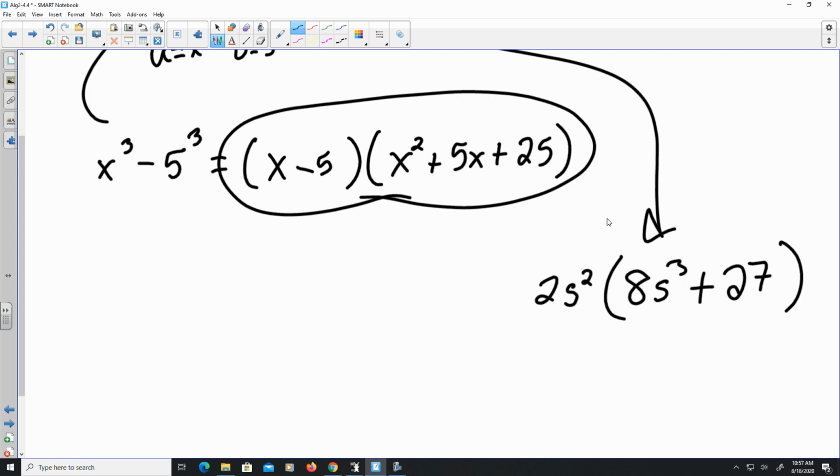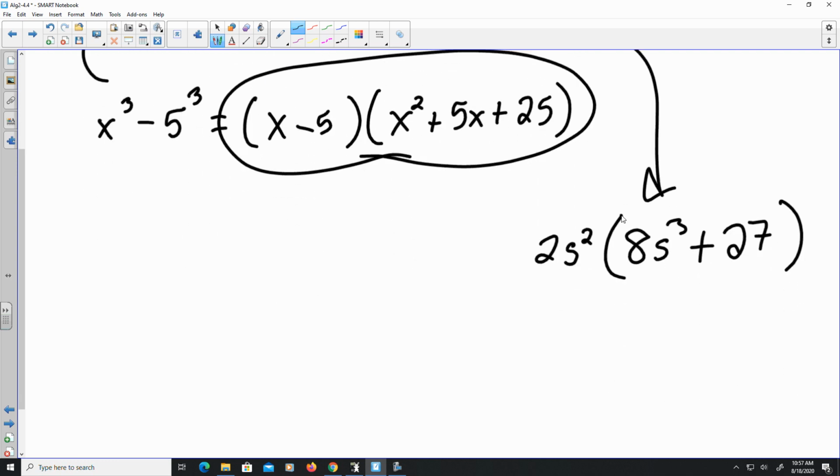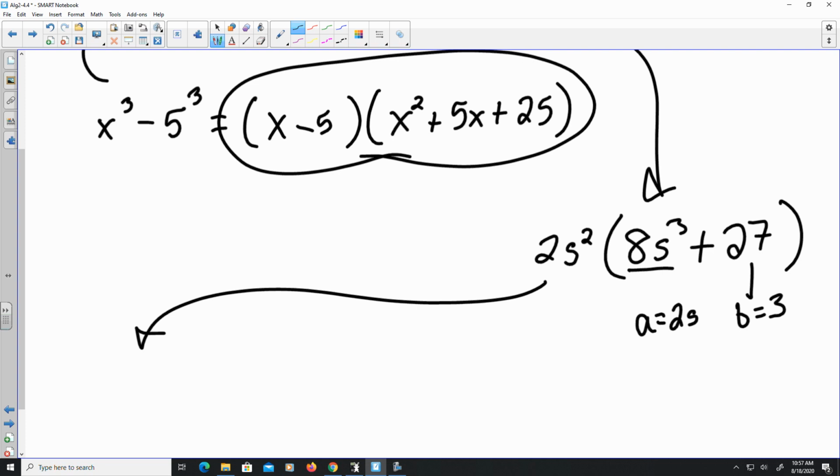So now what we have inside the parentheses are two terms that are perfect cubes. 8s cubed means that a in this particular instance is going to be 2s, and b is going to be 3 because the cube root of 27 is 3. So I have this 2s squared on the outside, and that doesn't change.